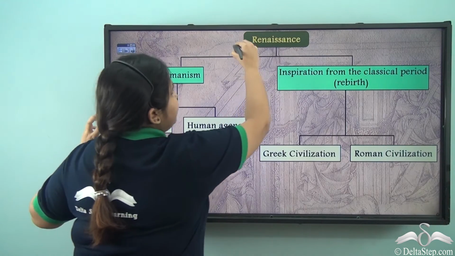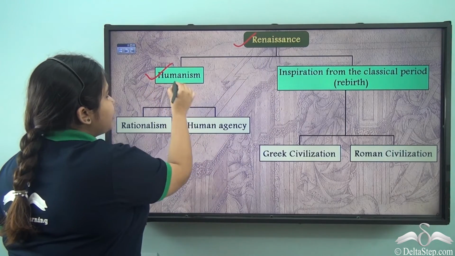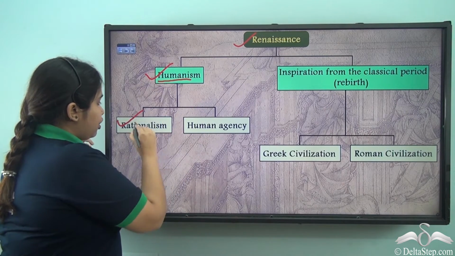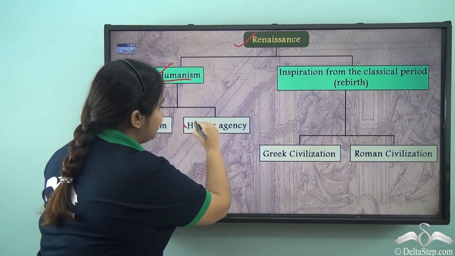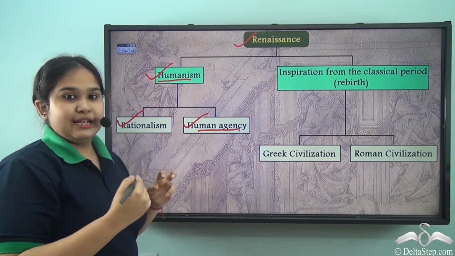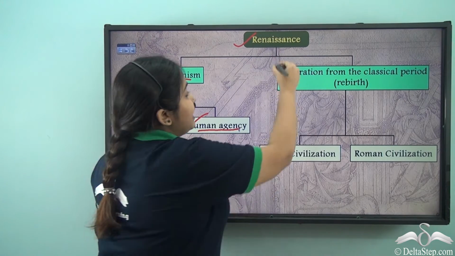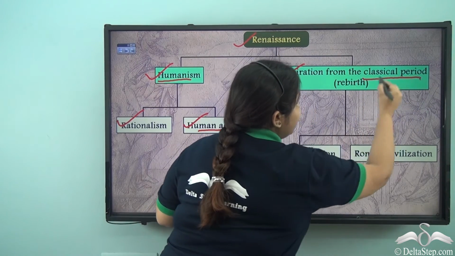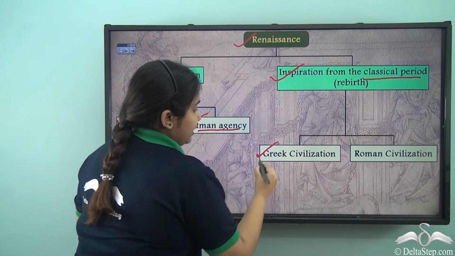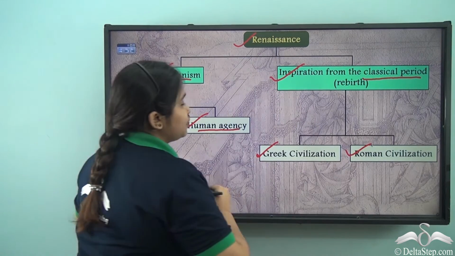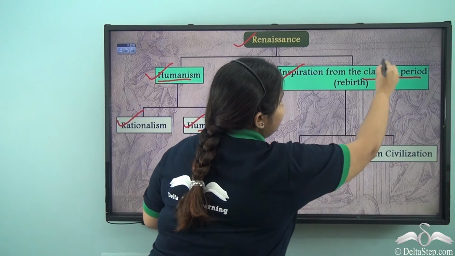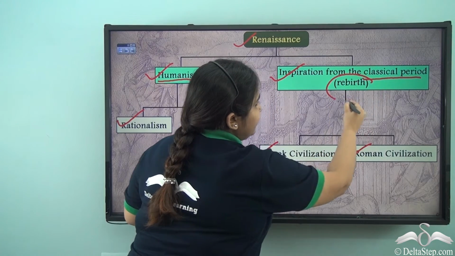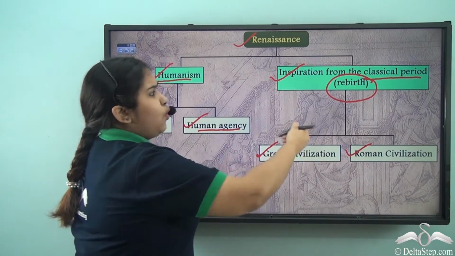So here then we come to the spirit of Renaissance, which was humanism. Now, humanism depended on reason and logic, rationalism, and human agency, where individualism becomes a very important factor. Now, Renaissance also ideally drew inspiration from the classical period, which we discussed, included Greek and Roman civilizations. So, this inspiration that Renaissance was taking from created the idea of rebirth of the old ages, right?